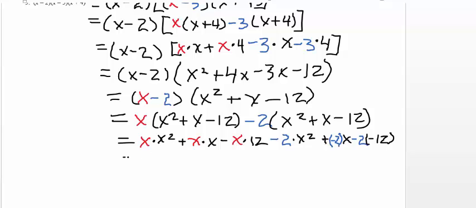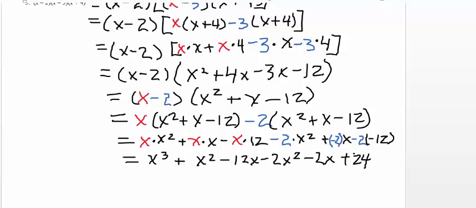All right, so let's see what happens. x times x squared is x cubed. x times x is x squared. Minus x times 12 is minus 12x. Minus 2 times x squared is minus 2x squared. Plus minus 2 times x is minus 2x. Minus 2 times minus 12 is plus 24.